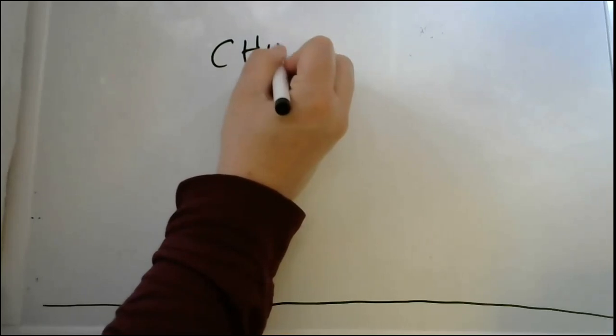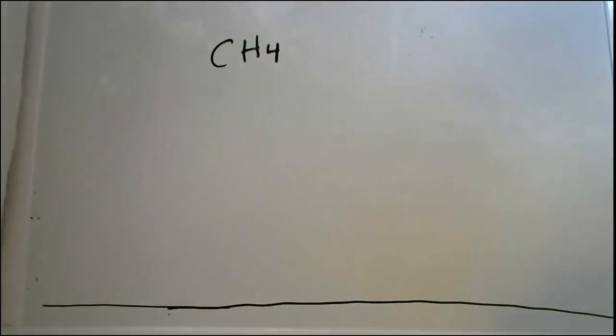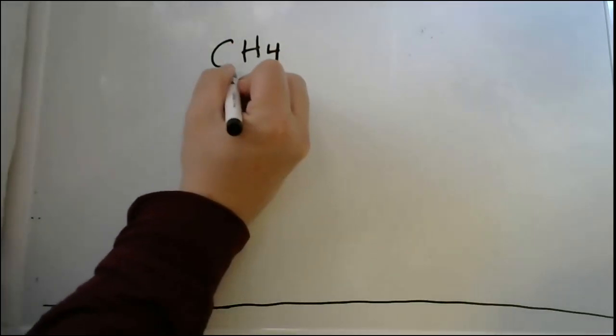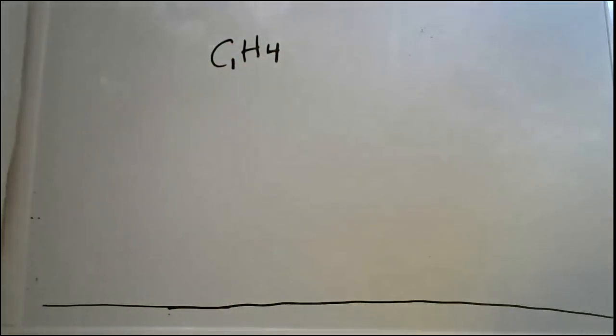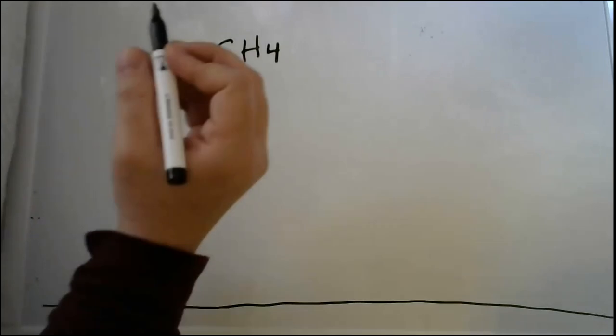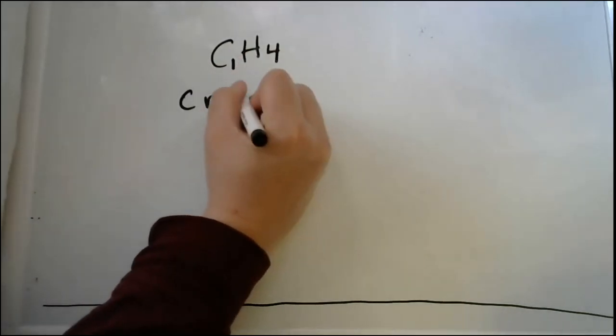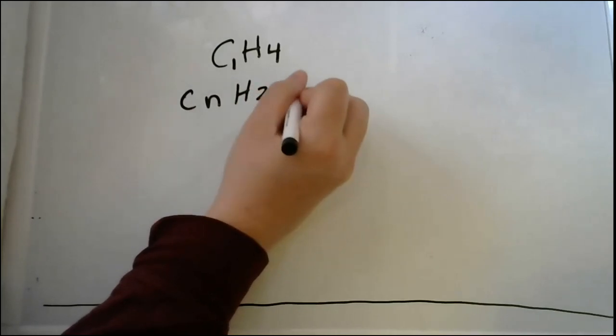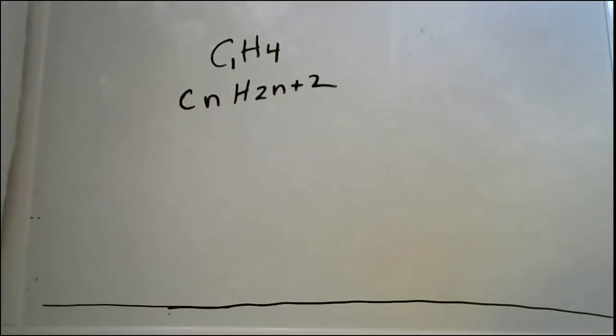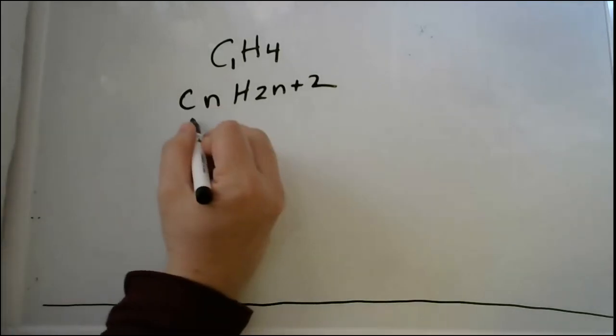So I told you that this is a standard hydrocarbon, CH4. This means that I have 1 carbon and I have 4 hydrogens. So if I have CnH2n+2, look what happens when I fill in the blanks here.